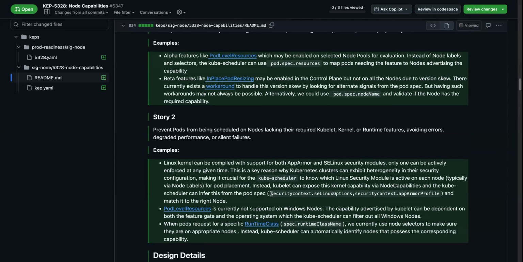And again, this can be inferred by looking at the security context in the pod spec and matching them to the right nodes.